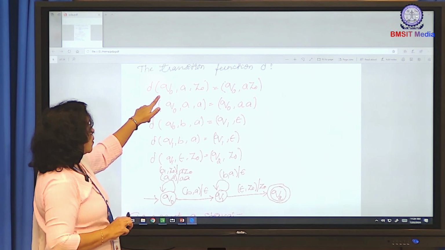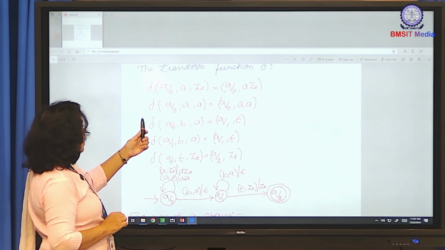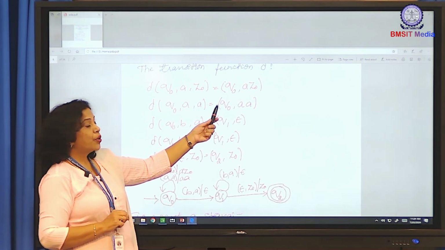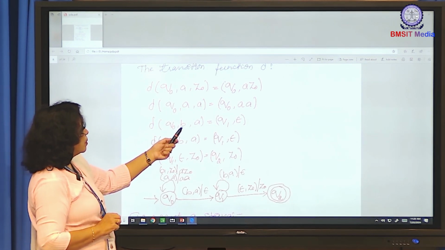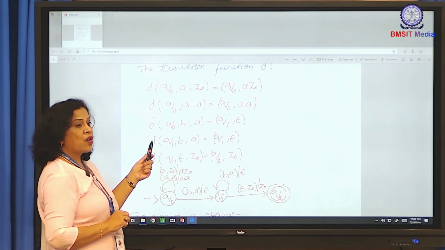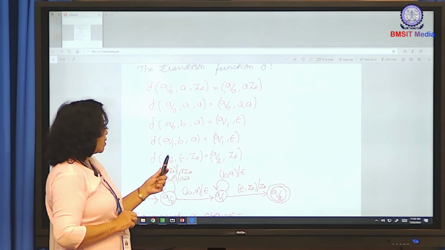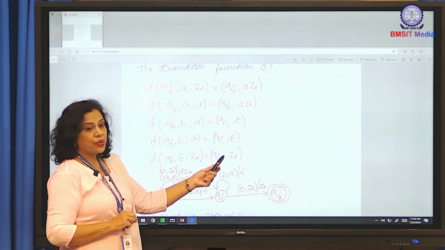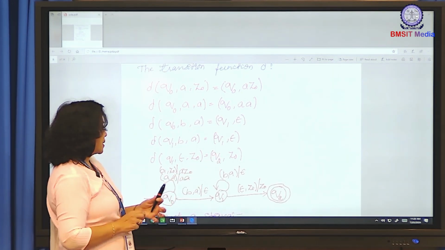That is delta of Q0 comma A comma Z0 equal to Q0 comma AZ0, delta of Q0 comma A comma A equal to Q0 comma AA, delta of Q0 comma B comma A equal to Q1 comma epsilon, delta of Q1 comma B comma A equal to Q1 comma epsilon, delta of Q1 comma epsilon comma Z0 equal to Q2 comma Z0, because the question says accepted by final state.